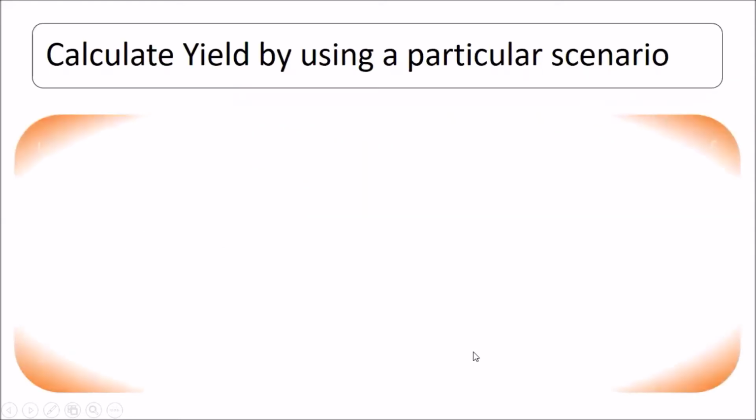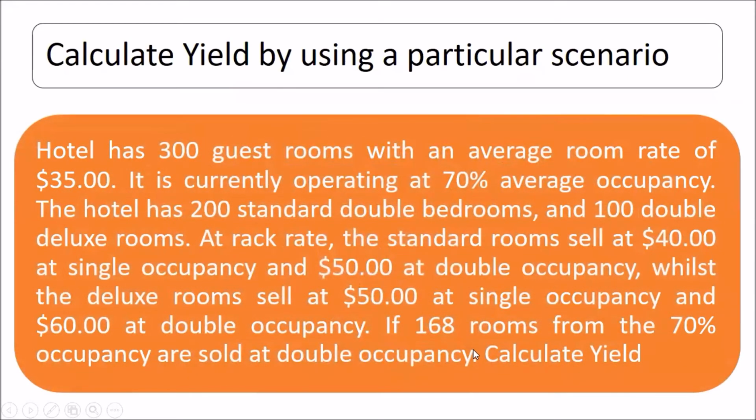Now, as I said, here we will learn how to calculate or compute yield by using a particular scenario of a hotel. Let's see the problem. It's mentioned the hotel has 300 guest rooms with an average room rate of $35. It is currently operating at 70% average occupancy. The hotel has 200 standard double bedrooms and 100 double deluxe rooms.